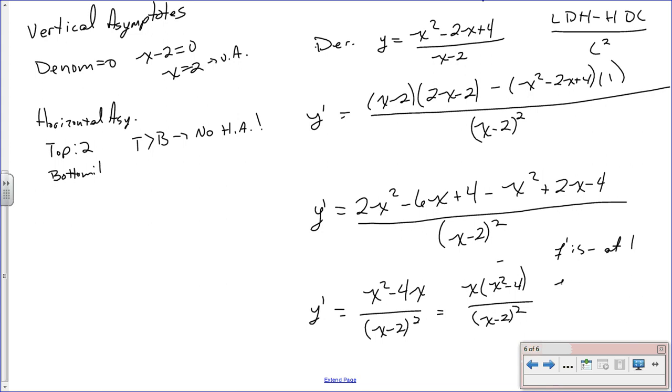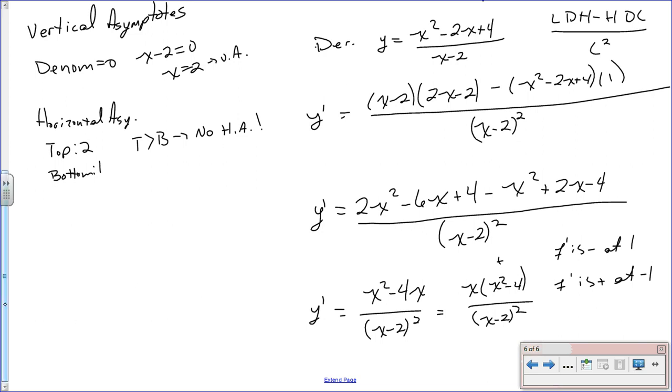Now put in a negative 1. Negative minus 4 is still negative, times a negative is a positive, and anything down here is positive. So it's positive at negative 1, telling us it is increasing there.